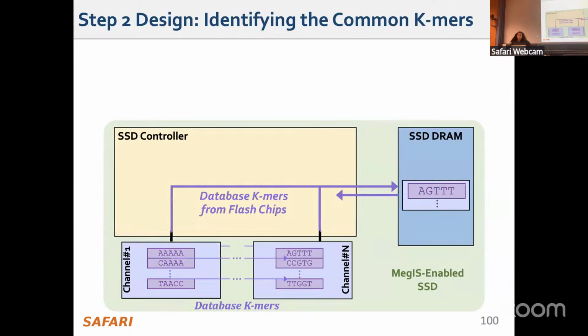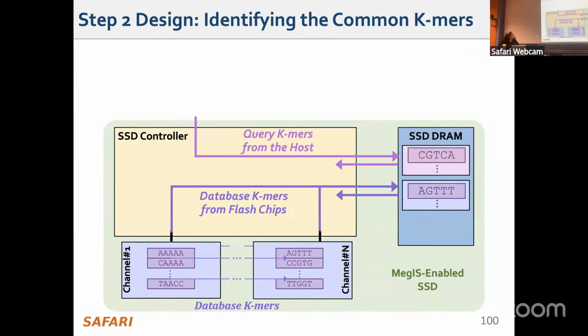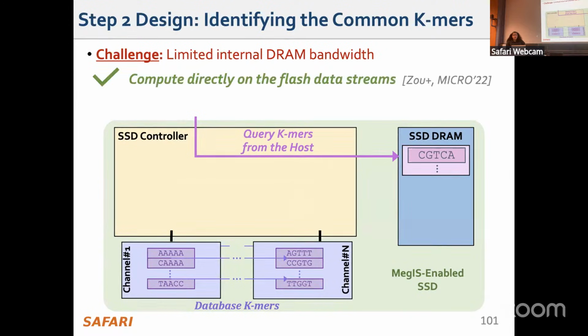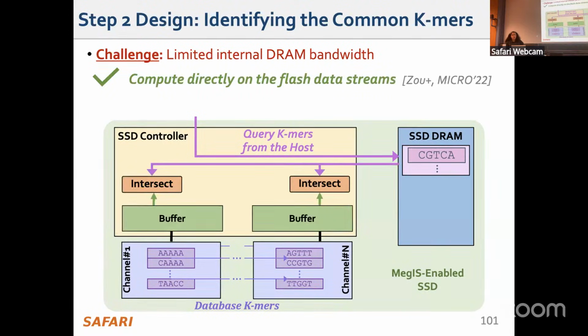If we went with what we did before, bringing the database k-mers to the DRAM and then bringing the query k-mers from the host system, because now we're working with both of these, and also writing the results, we would end up pressuring that limited bandwidth. It cannot afford doing all that. So we adopt a very simple approach to compute directly on the flash data streams.